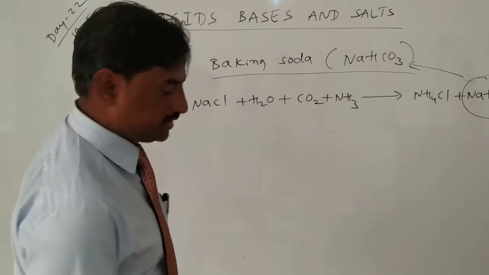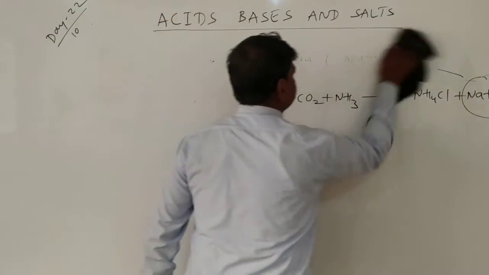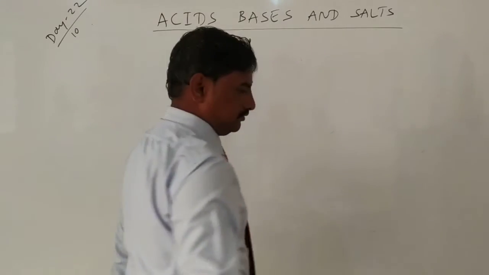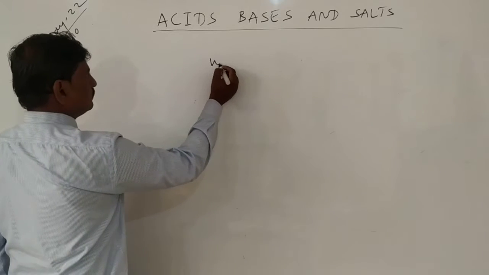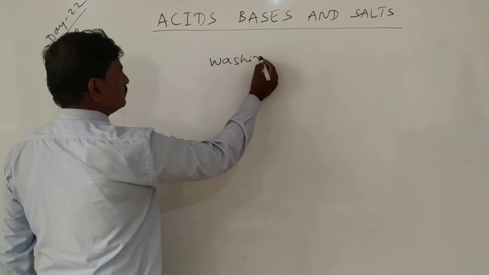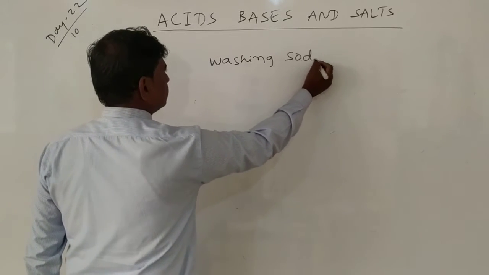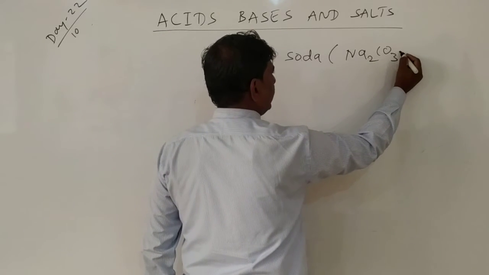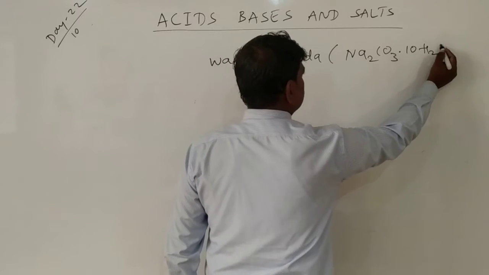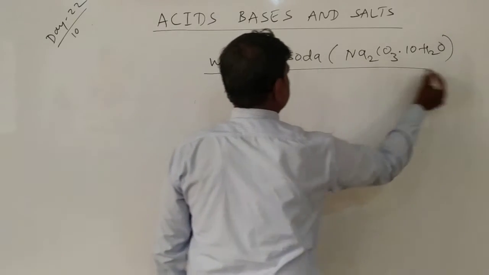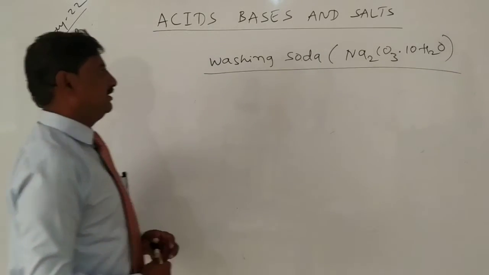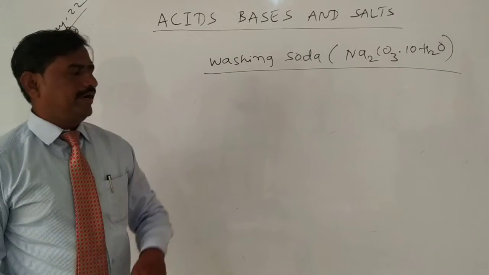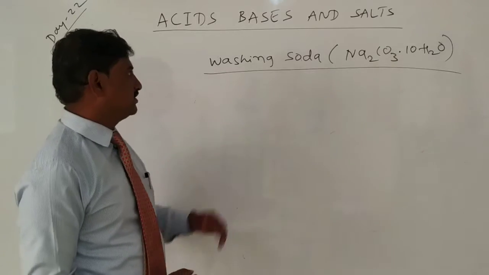So next, washing soda, sodium carbonate, Na2CO3.10H2O. How can we manufacture it?